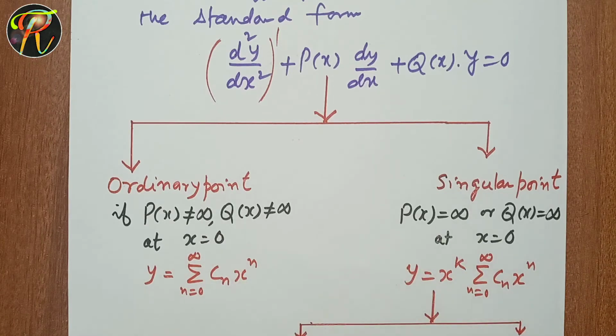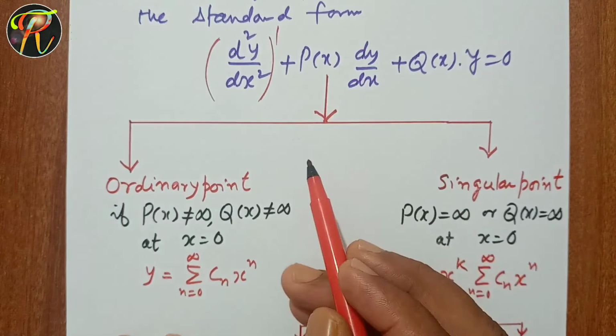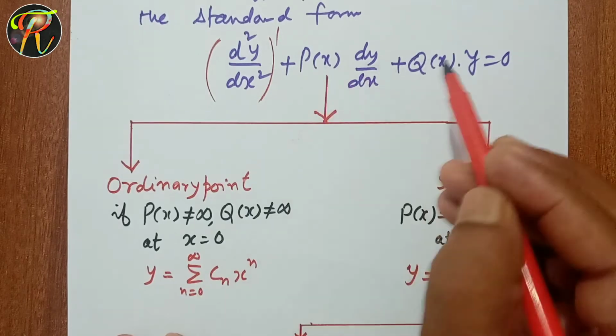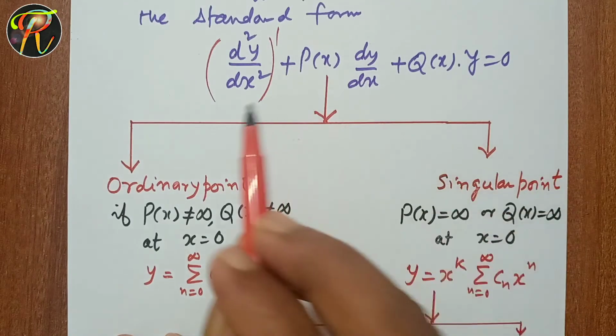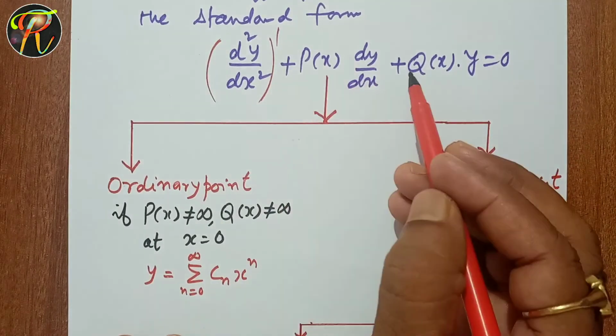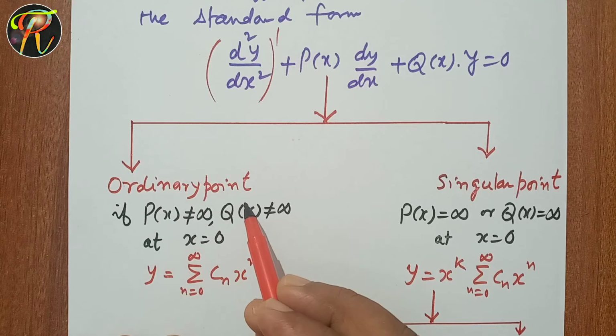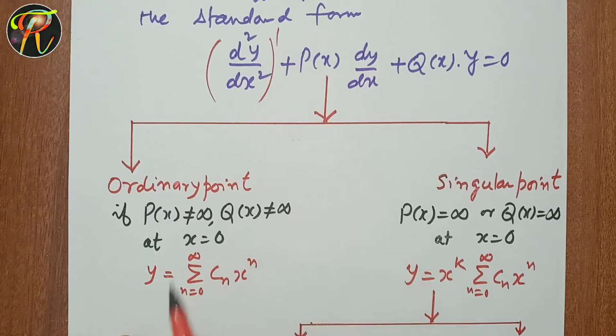First we see our differential equation very carefully and calculate P and Q. If at x equal to 0, P and Q are not infinite, then x equal to 0 is called an ordinary point, and in this case we will take the series y equal to sigma c_n x^n.